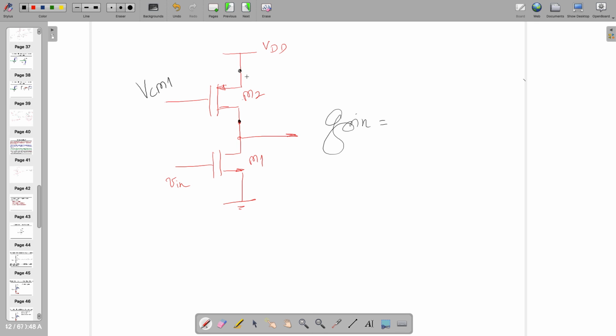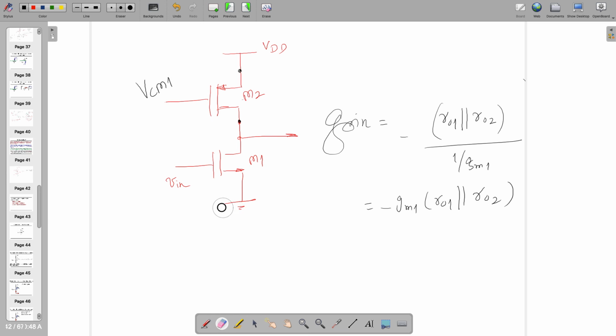R1 is parallel to R2, okay, with a minus sign, right? Everybody agrees with this one, right?